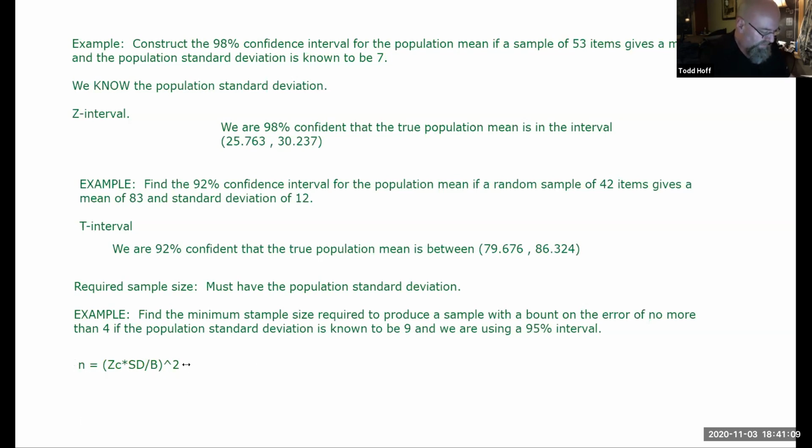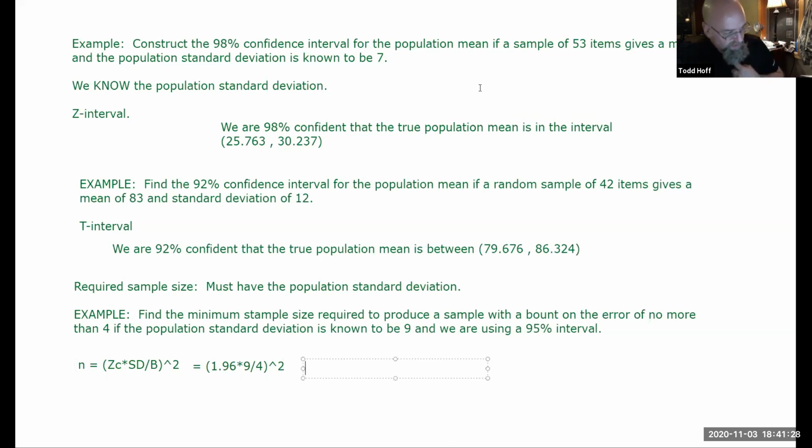So for this set of information, that's 1.96 times that standard deviation of 9 divided by our desired bound of 4. That's going to be squared.